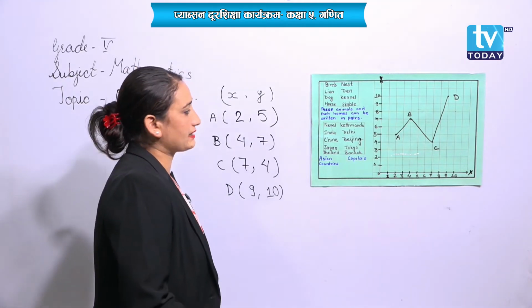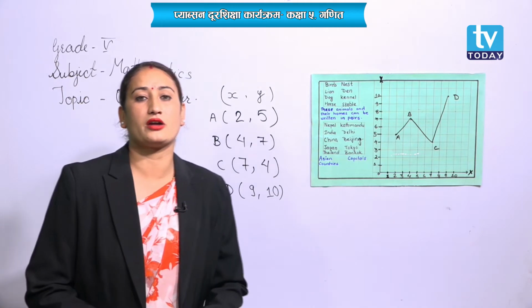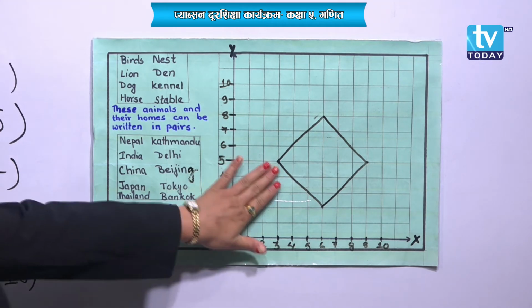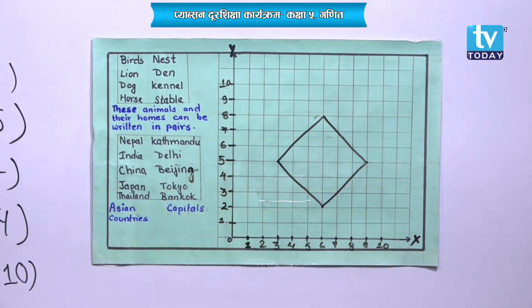So, same like this, we are going to find out the ordered pair of the next picture. Okay, my dear students, now see here. This is the picture which I have provided to you. So, let's give a point for this picture.